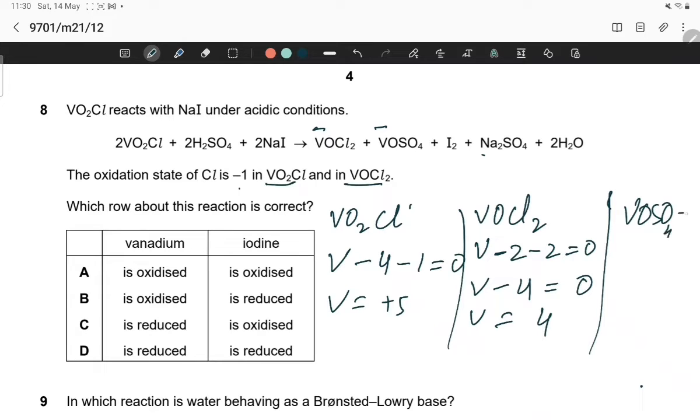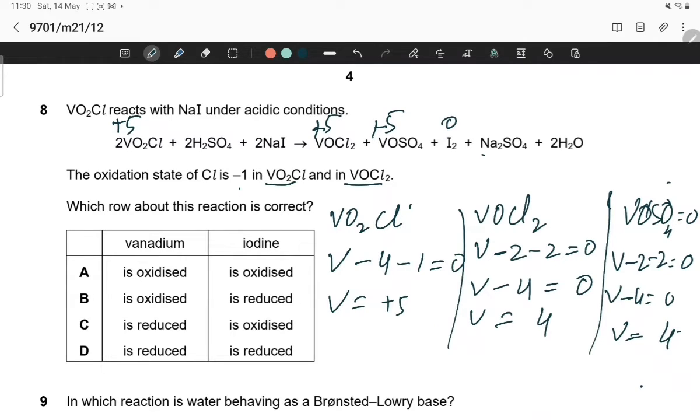VOSO4 is equal to 0, V minus 2, SO4 whole minus 2, so taking 0, V minus 4 is equal to 0, V is equal to 4. So vanadium and iodine is 0 and vanadium over here plus 4, over here plus 5.